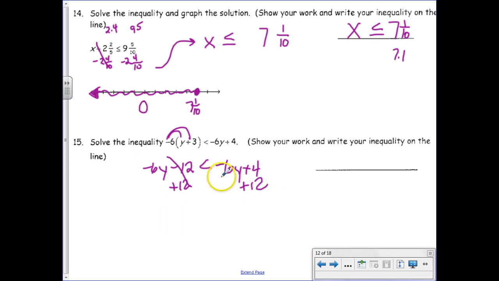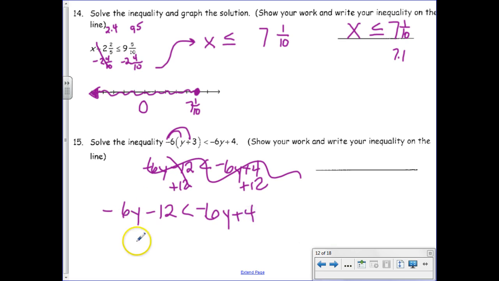Or maybe you would actually, you know what you might do? You might have said, oh my gosh, I've got to get my variable on one side because it's on both sides. And so you would look at this, and first maybe what you would do is add 6y to each side of your inequality. And then, oh, this wipes out to 0y. This wipes out to 0y. And you're left with this statement.